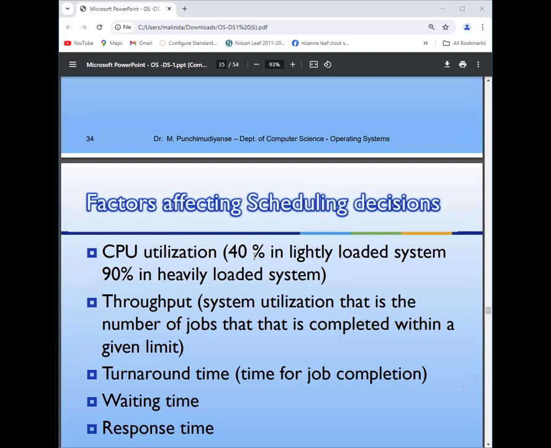If it is 40%, it is called a lightly loaded system, where 40% of the time the CPU does the job, and the other 60% it is in an idle state, where any new processes can be scheduled. But if utilization is 90%, we call it a heavily loaded system, where only 10% is there for switching between processes and all.